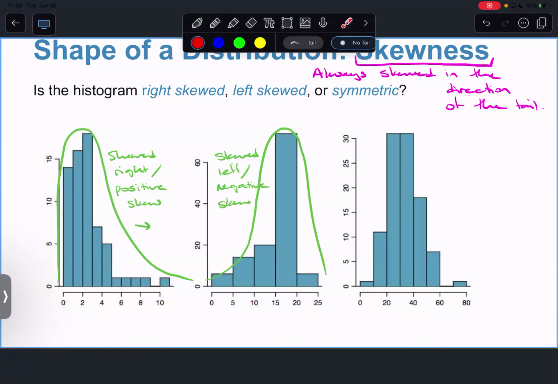Our other option: right skewed, left skewed, or symmetric. So now I've got a unimodal distribution, roughly symmetric around that peak or that mode. And this is a very special but also common shape that we're going to be working with. Here, this would be considered symmetric.